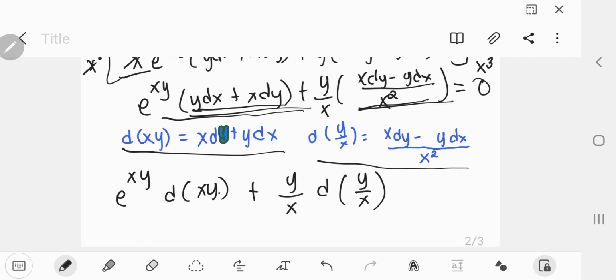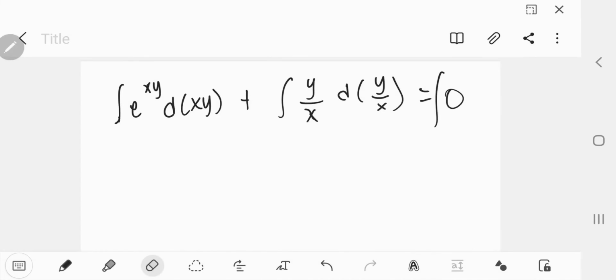And now let us proceed to the integration. So we have the integral of e raised to the xy times d of xy plus the integral of y over x times d of y over x.